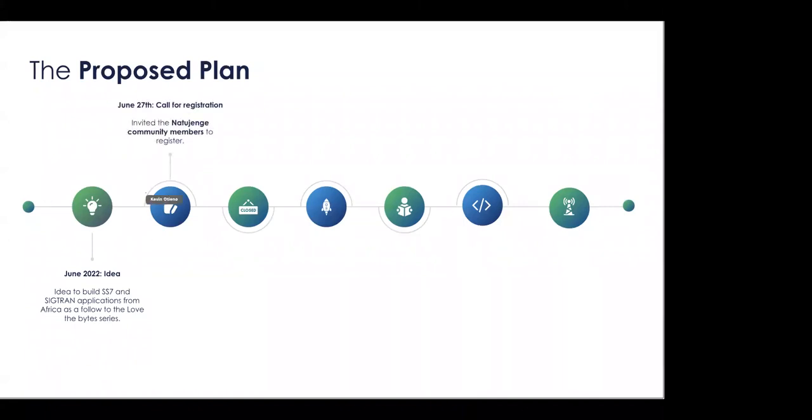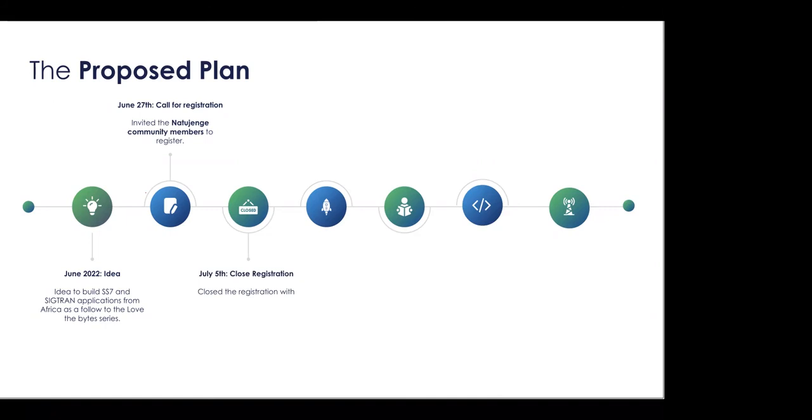And on the 27th, we called for registrations and invited the community members. We have a Natujenge community, sort of, quote unquote, and we invited the guys who would be interested in dealing with the SS7 challenge to come.